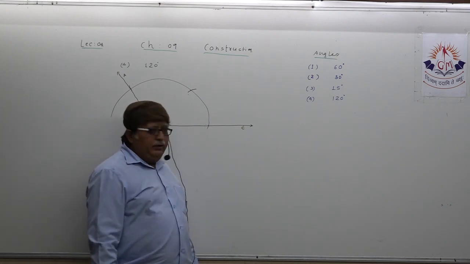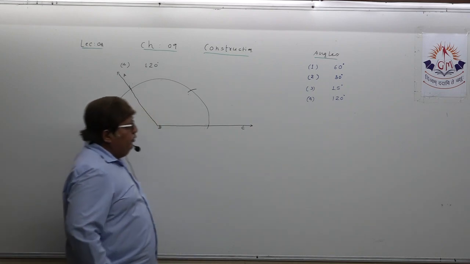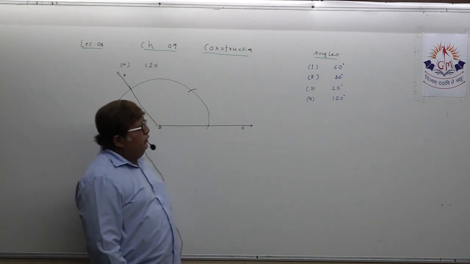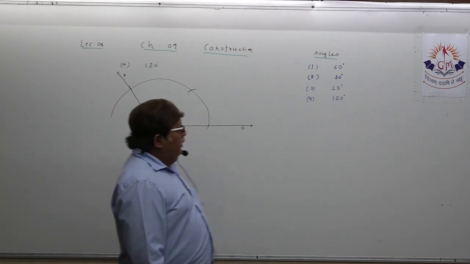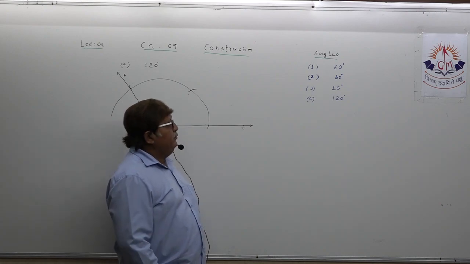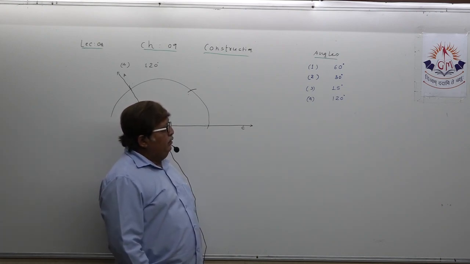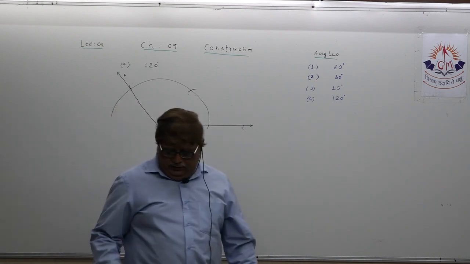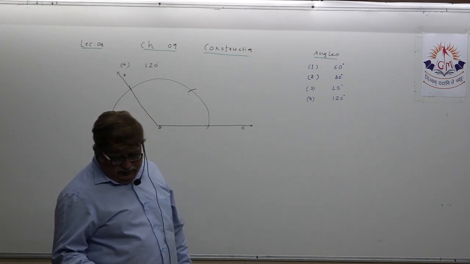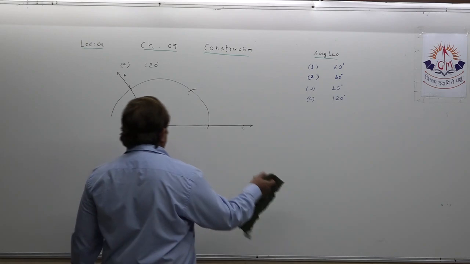So this is the way you can construct an angle of 120 degree. 4 angles we learn. Okay, first we learn how to construct an angle of 60 degree, then angle of 30 degree, then angle of 15 degree, then angle of 120 degree, and now we are targeting a next angle.